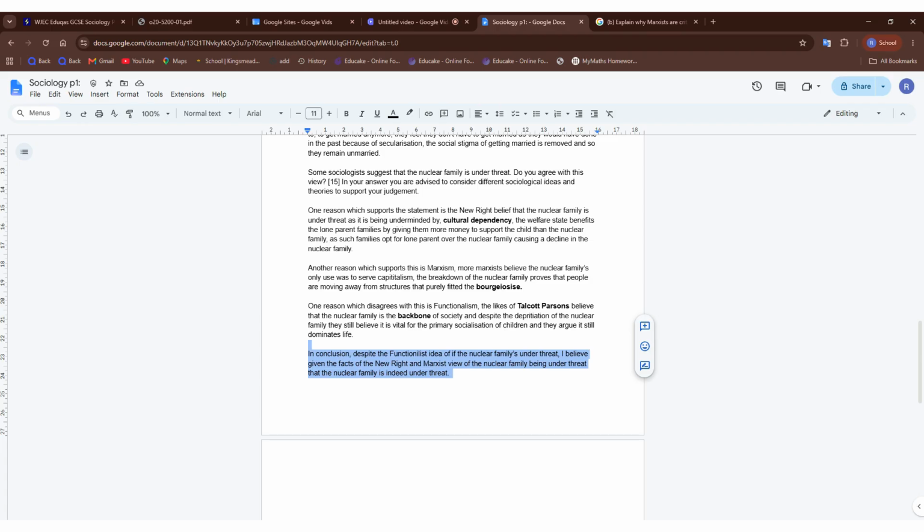It tells the examiner you've finished. Then just say "despite" and the one that you don't believe in, or just get it out of the way. Then you can just name the other ones, New Right and Marxist, and say what they believe and that you agree. I put: in conclusion, despite the functionalist idea, I believe, given the facts of the New Right and Marxist view of the nuclear family being under threat, that the nuclear family is indeed under threat.